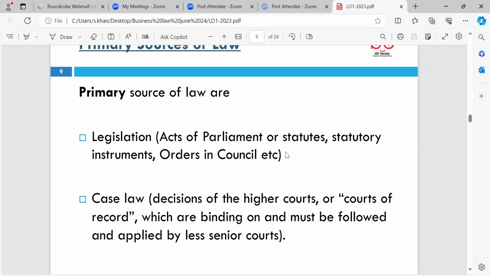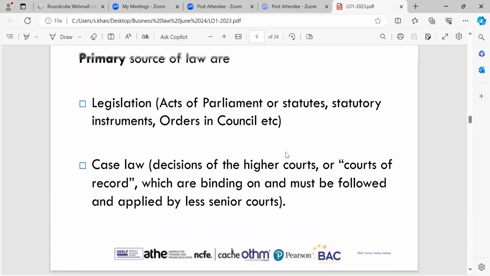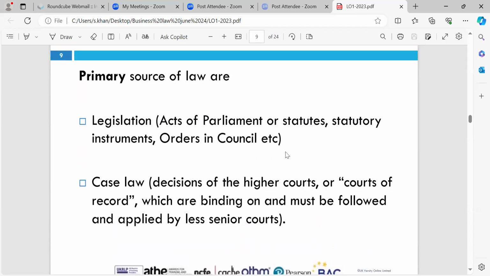The following are the primary forms of UK law sources, which we mentioned: case law provided by the courts and legislation provided by Parliament. So case law comprises decisions made by the courts and are published as law reports, which are considered the primary and fundamental sources of UK law.